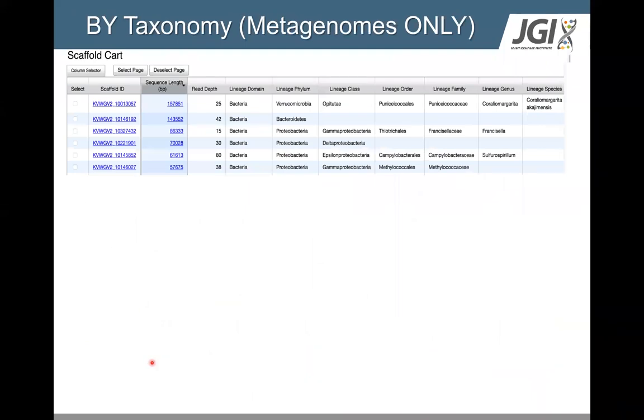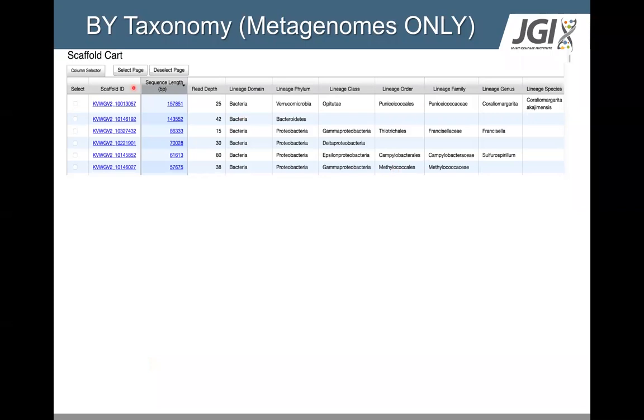The third feature that you can do a test on is taxonomy, and this pertains only to metagenomic data sets. So if you've attended previous webinars or you've done any work with metagenomes or scaffolds or metagenome scaffold bins within the UI, you might have seen a table like this.